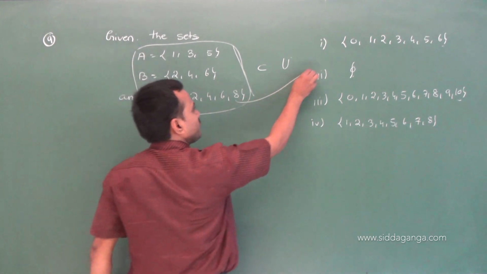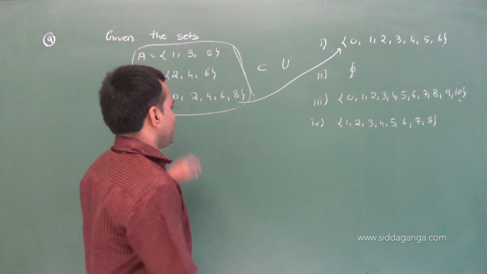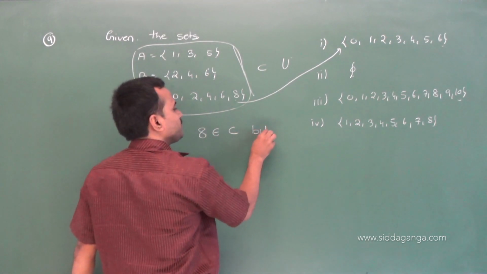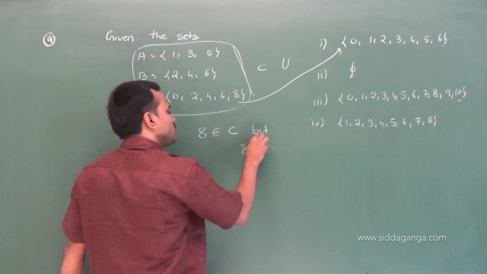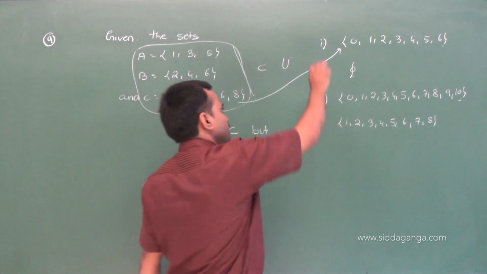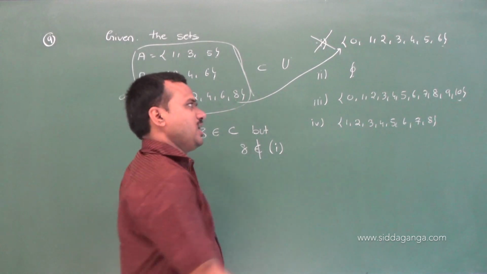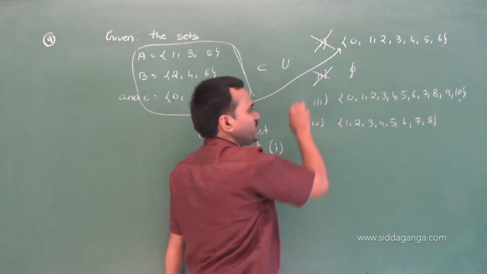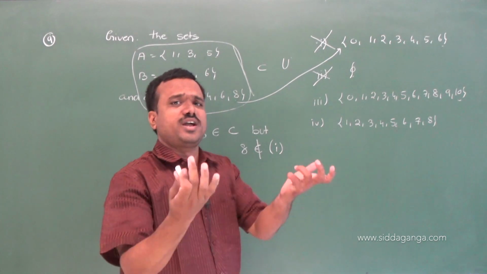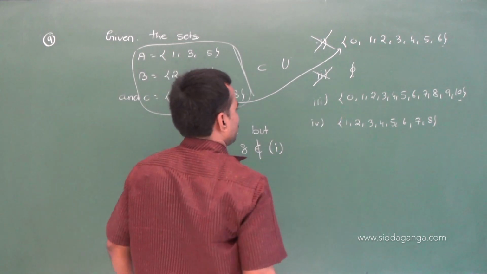Observe here, very important: 8 belongs to C, but 8 does not belong to the first option. That's why we cannot consider this as a universal set. And no doubt, the empty set is also not a universal set, because empty means it does not contain any elements.